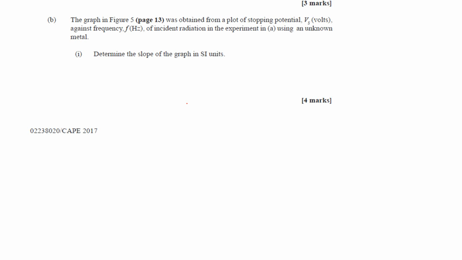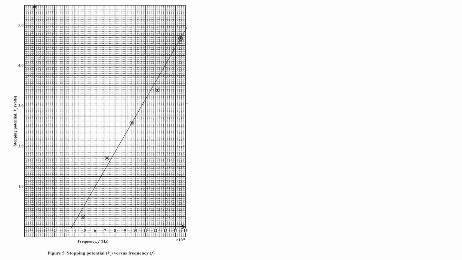So stopping potential, Vs, against frequency, which is in hertz, obviously, of incident radiation in an experiment, as shown, of an unknown metal. It says determine the slope of the graph in SI units. That's a 4-mark question. So we just want to find the slope.